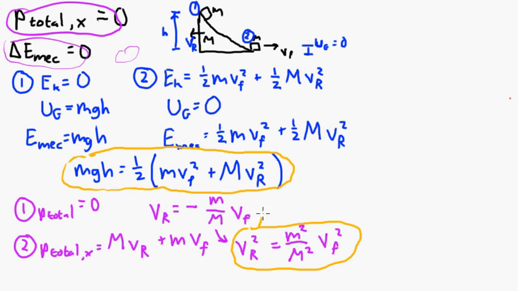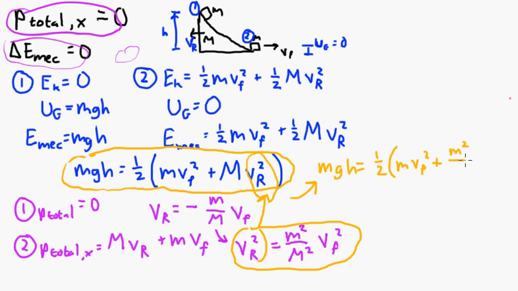So what that does for us then is we get mgh equals 1/2 times little m vf squared, and this was little mgh because that's what's losing potential energy, plus big M times this little m squared over big M squared. So this has come out to be little m squared over big M times vf squared.